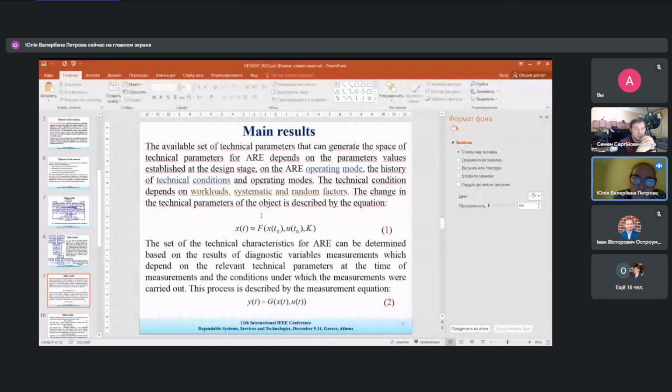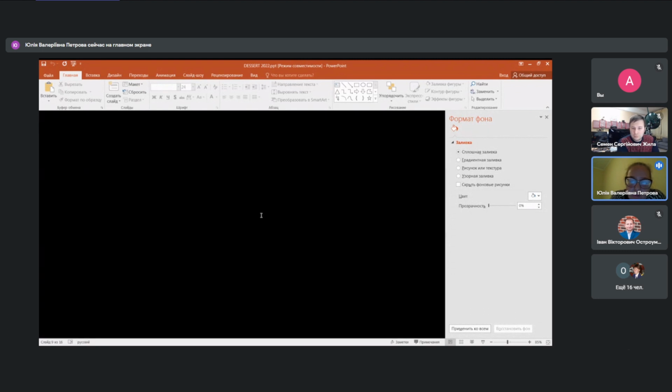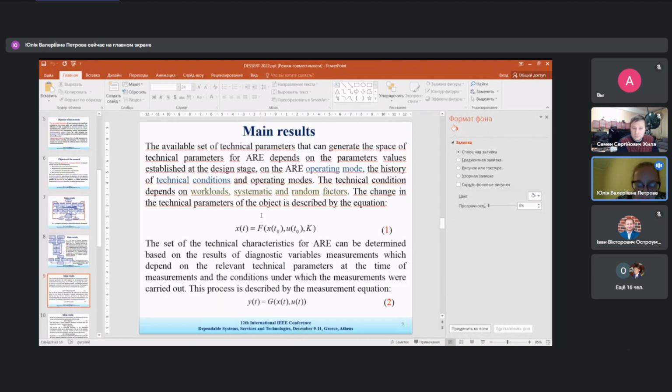The change in the technical parameters we can describe by equation 1. The set of technical characteristics of aviation radio equipment can be determined based on the results of diagnostic variable measurements, and this process we can describe by formula 2.